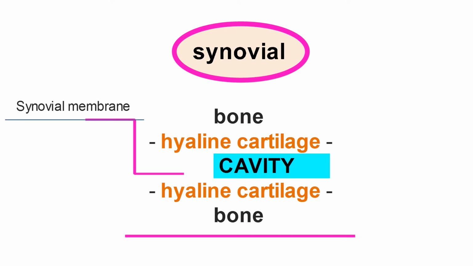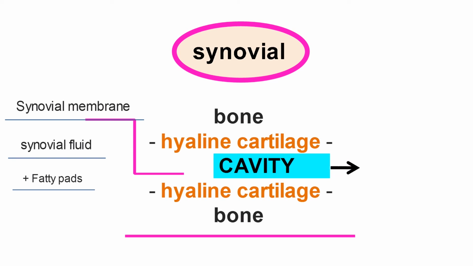Now, this cavity has on the outer side the fibrous tissue of the capsule, and on the inside the synovial membrane, which secretes the synovial fluid, and there is a fatty pad between the synovial membrane and the surrounding structures.